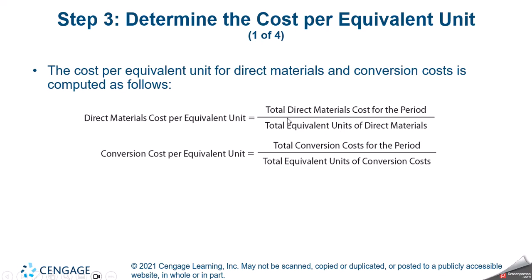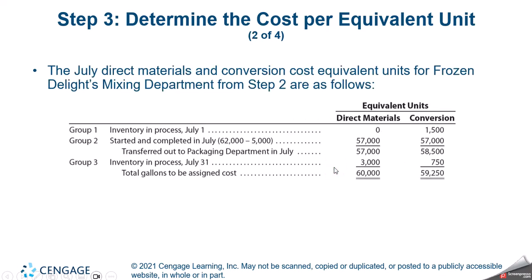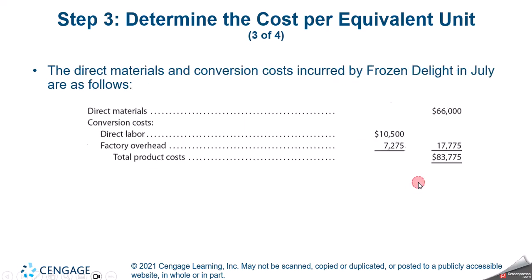So we'll take our direct material costs divided by those equivalent units for direct materials, our conversion costs divided by our equivalent units for conversion costs, because again, remember, those are going to be different. So for this, because all the materials are added at the beginning, we have a full 60,000 gallons to allocate for. The conversion, the labor, and the overhead come in at different rates. So there's only 59,250 equivalent units to account for.